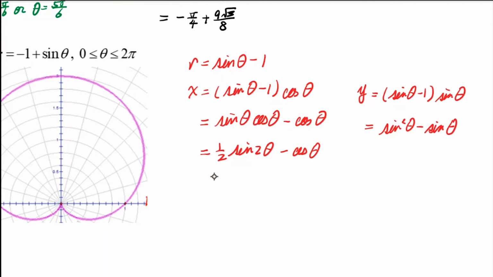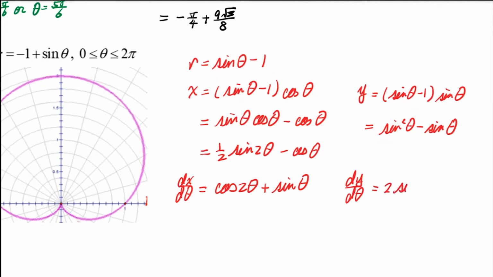Now we'll take a derivative of both of them. So dx d theta is, this 2 will get cancelled out and this just becomes cosine 2 theta, and this becomes negative sine theta. Very good. And then dy d theta, that's chain rule.